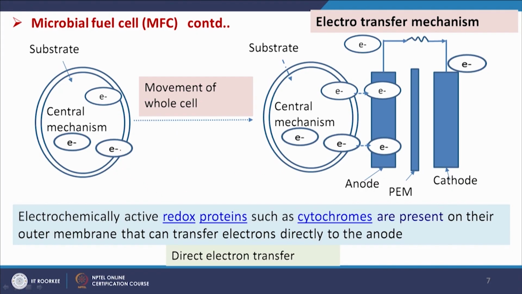The electron is generated here, the whole cell comes here and releases the electron to the anode. The electrochemically active redox proteins such as cytochromes are present on the outer membrane and can transfer electrons directly to the anode. So, this is the mechanism through which the electron is directly transferred from the bulk of the solution to the anode surface by the cell itself.